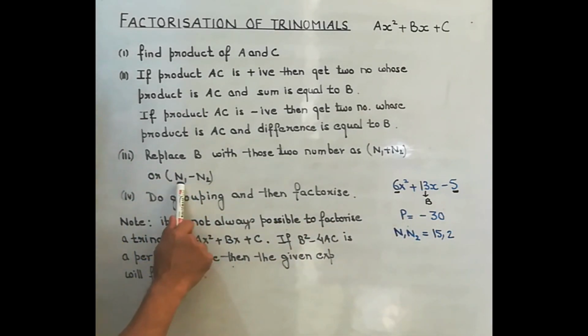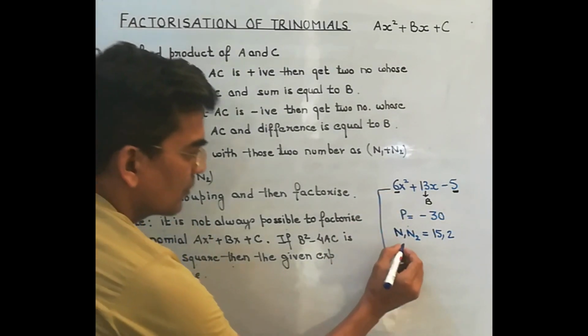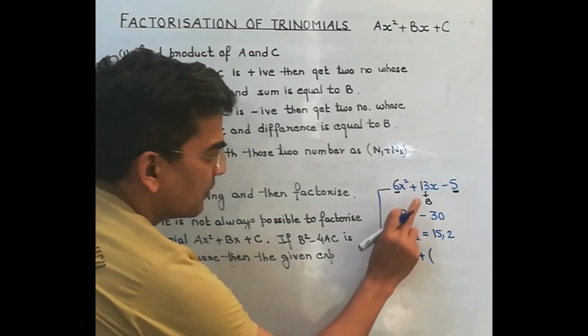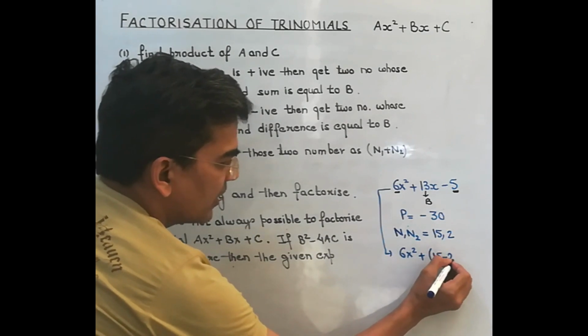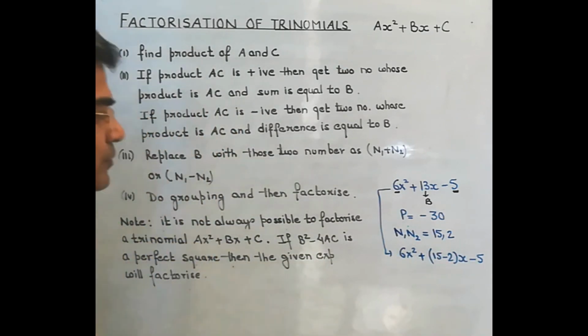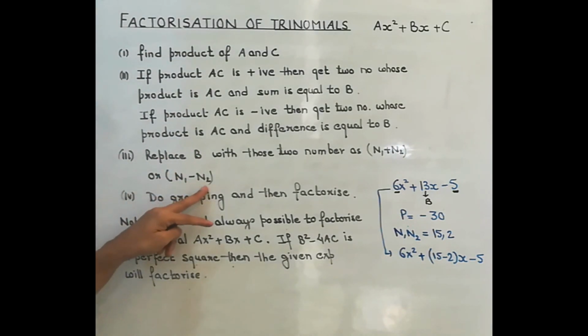Okay, the third step says now replace B with these two numbers as N1 minus N2. Product is negative, so we are going to replace B with N1 minus N2. So now 13 is to be replaced with N1 minus N2. And now you will open the bracket to do the grouping and then factorize.